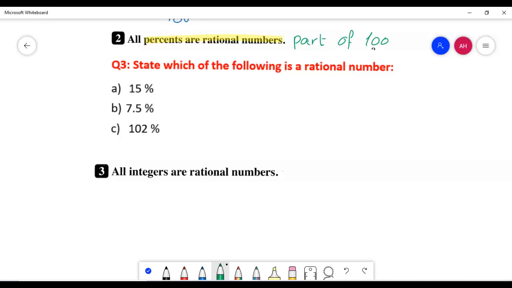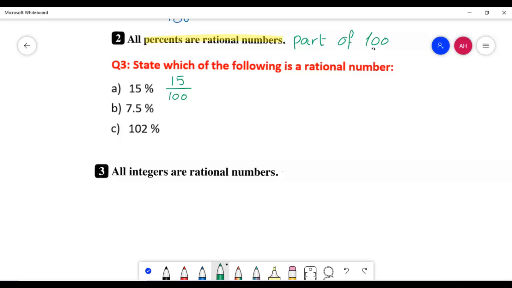Meaning that I am taking only a small part of the 100. So in question number 3 here, state which of the following is a rational number. Let's see if I can write the percentage in the form of a over b or no. Any percent means that I am taking part of the 100. 15% means that I am taking only 15 out of the 100.